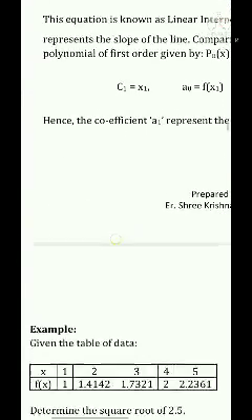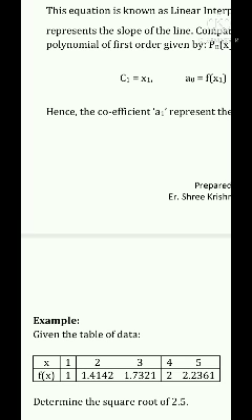We have here an example. Given the data, or the table of data, we are to determine the square root of 2.5. Ano ba yung pinapahanap? Yung pinapahanap lang, class, is square root value ng square root ng 2.5, which is based sa table. But kung iisipin nyo, class, para makuha yung value ng square root of 2.5, you can simply use your calculator, right?